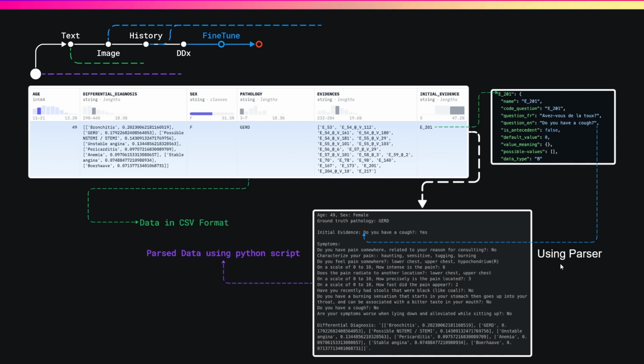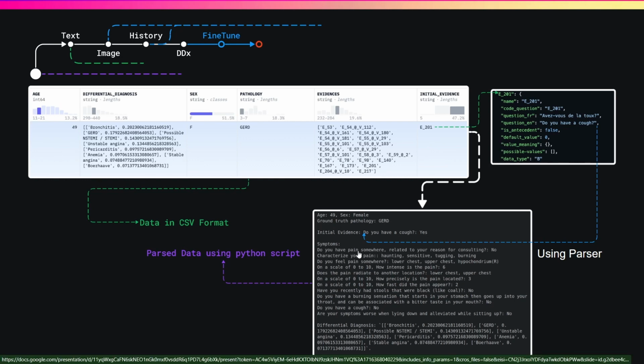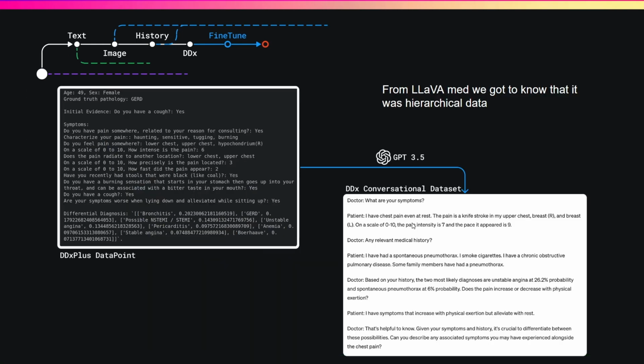So we created a parser using a Python script to make a human readable summary of the patient from this CSV. And as I told you earlier, we needed conversational data, but this data also is not conversational. This just contains the initial evidence, symptoms, and the differential diagnosis. The conversational part of this is missing.